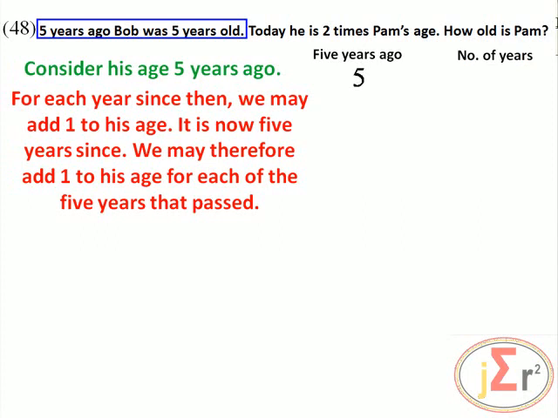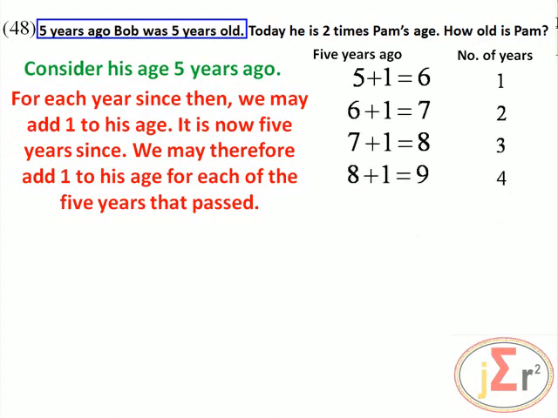So for the first year, we have what? 1. For the number of years, 1, 2, 3, 4, 5. So after the first year, we have what? 5 plus 1 equals? 6. And for the second year, 6 plus 1 equals? 7.